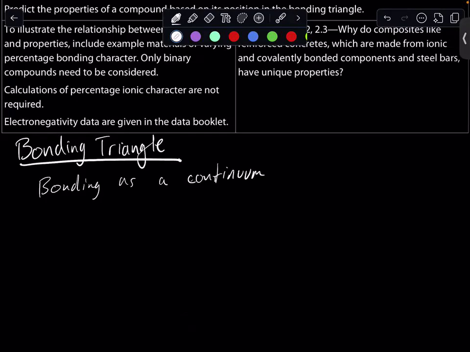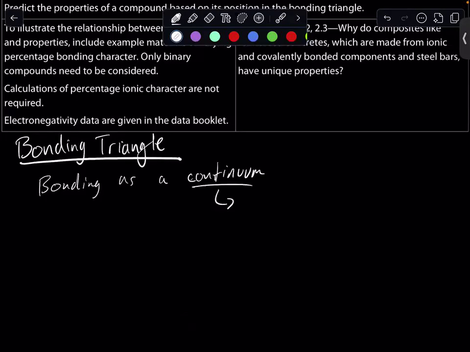But with this bonding triangle, we can now assign numerical data to this continuum, which we love to do because then it gives us a concrete way to look at a spectrum or continuum. So as we assign numerical data, we have to figure out the parameters we want to use. And it turns out that if we use something called electronegativity, it works out pretty well.